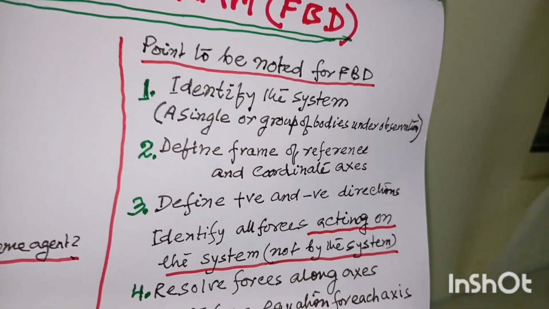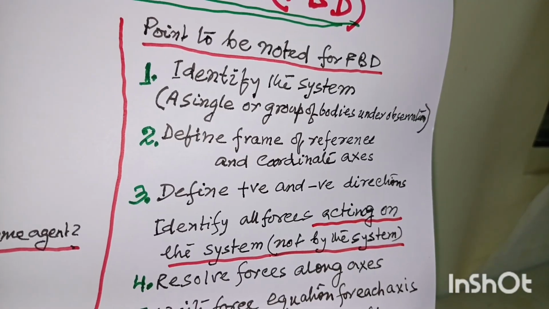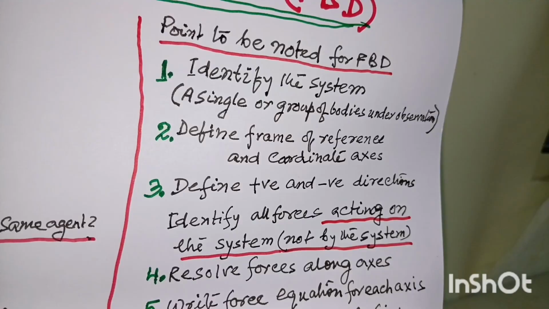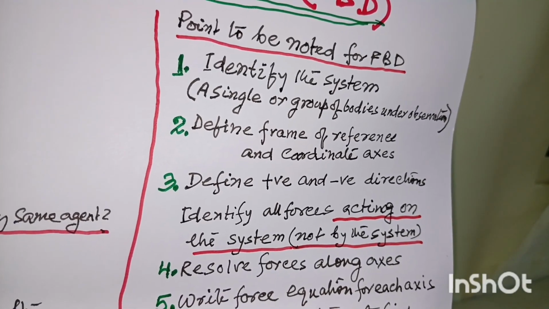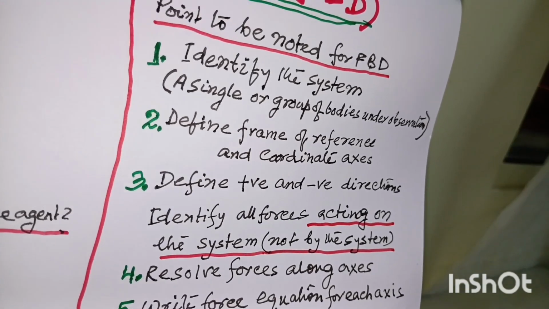Now, after we have identified the system, the second point is to define the frame of reference and define the coordinate axes. We have to define in which frame of reference we are doing the free body diagram. It may be a ground frame of reference, or any other frame of reference like a lift.